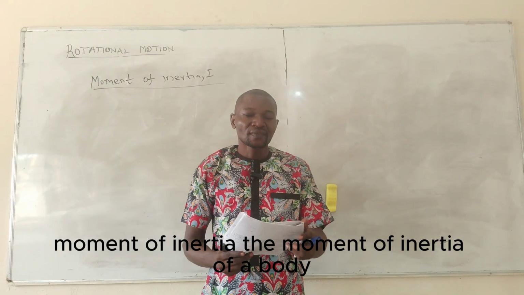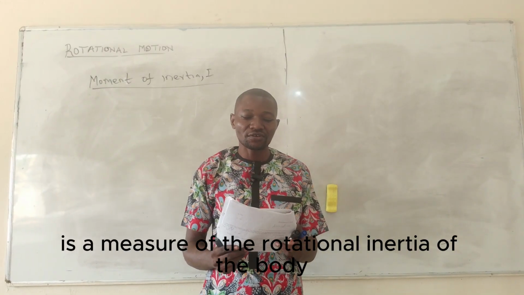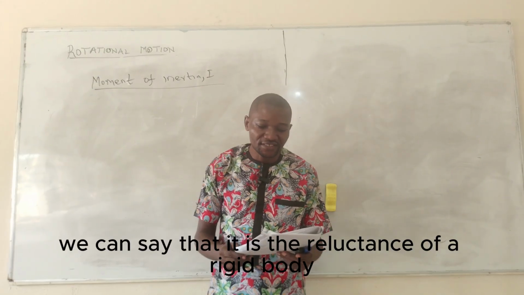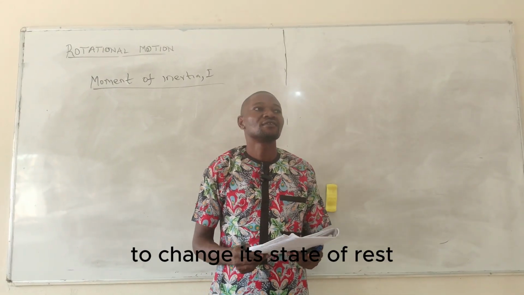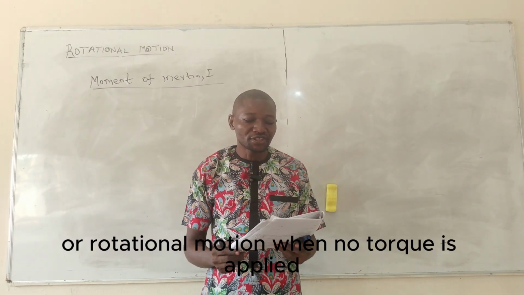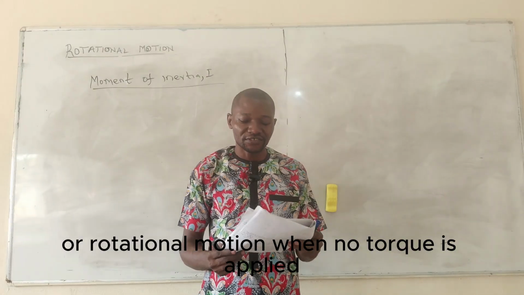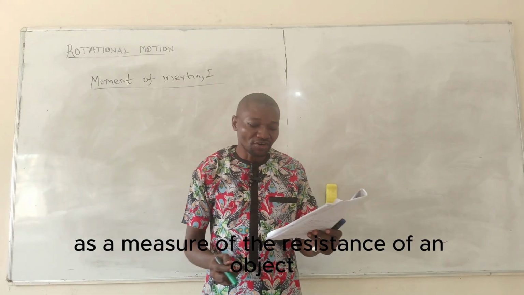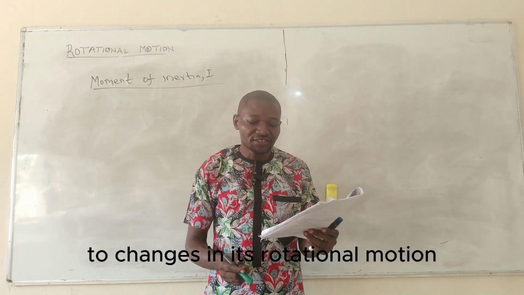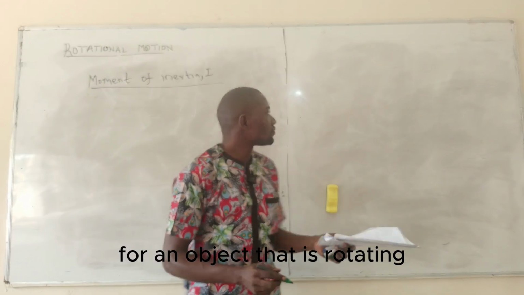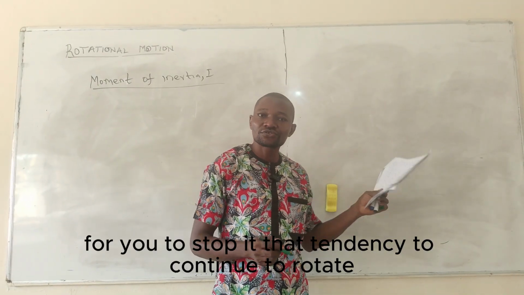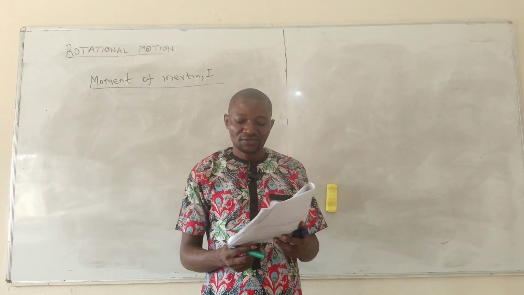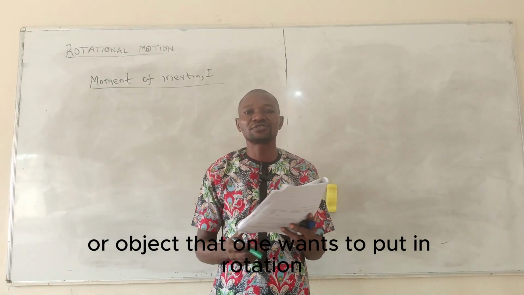Moment of inertia. The moment of inertia of a body is a measure of the rotational inertia of the body. We can say that it is the reluctance of a rigid body to change its state of rest or rotational motion when no tau is applied. Moment of inertia can equally be defined as a measure of the resistance of an object to changes in its rotational motion. For an object that is rotating, for you to stop it, that tendency to continue to rotate is resistance from stopping it, or for an object that one wants to put in rotation.